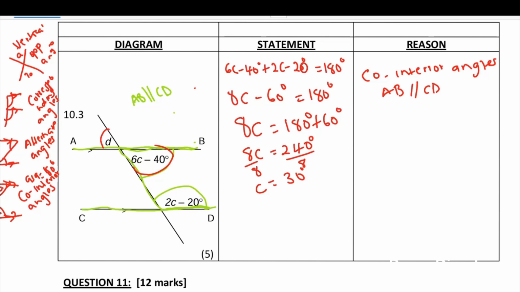Therefore D is going to be 6 times 30 minus 40. I'll put 30 here, minus 40. 6 times 30 is 180, minus 40.